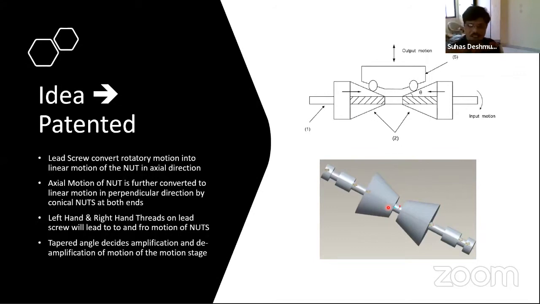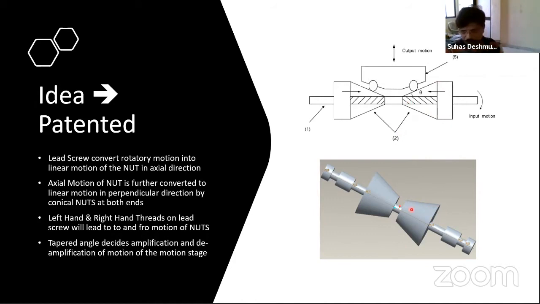What is this idea? We picked it up from the screw and nut type of arrangement. When we rotate this nut, there are two screws, one a right-handed screw and the other a left-handed screw. Both are manufactured on one single rod, and there will be a conical shape.